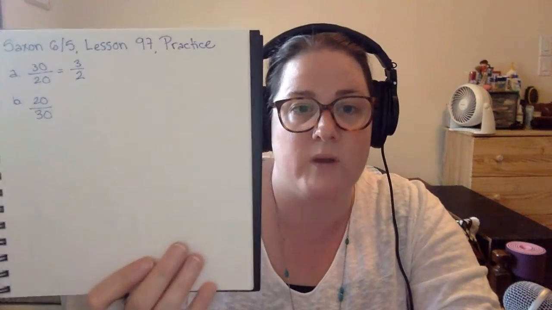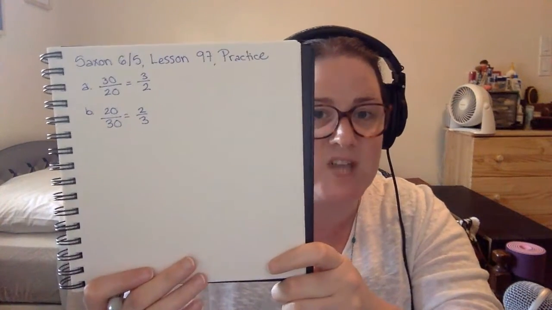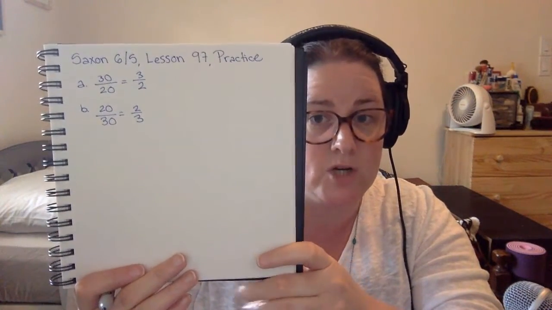The number of jackrabbits needs to be the denominator. So our initial ratio is going to be 20/30. We're going to reduce that because we can and we should. And the ratio of prairie dogs to jackrabbits is 2/3.